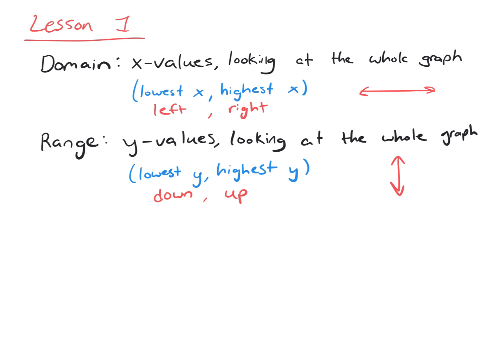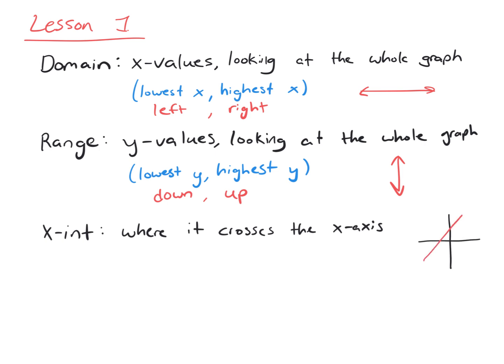With domain and range, we started talking about x and y intercepts. So x-intercepts, what does it mean to be an x-intercept? Where it crosses the x-axis. If I put that in a picture, here's my coordinate plane.